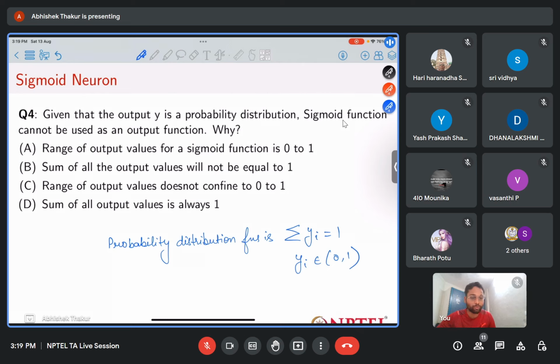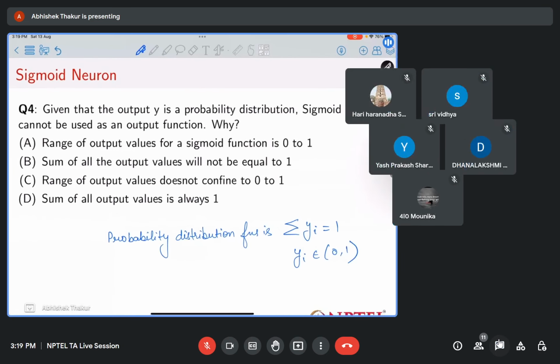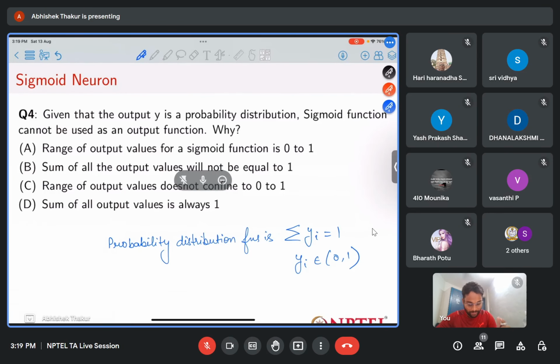So why can we not use the sigmoid function? Can anyone answer? Option A, someone is answering. Okay, let's see all the options one by one.